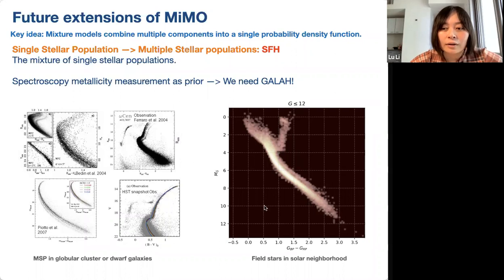For globular clusters, we can study the star formation history of the globular clusters or the dwarf galaxies. For the field stars in the solar neighborhood, if we assume a star formation history or the age-metallicity relation, we can measure the IMF of the field stars.